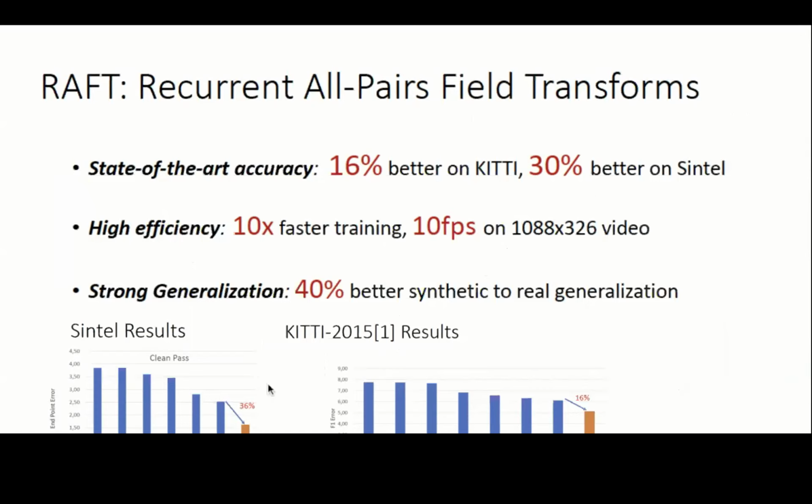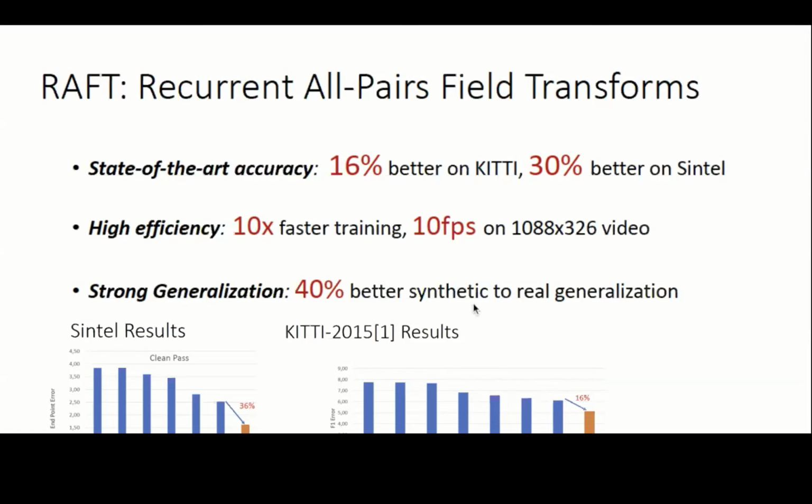This is a very remarkable achievement, especially given that previous methods tend to get saturated on these benchmarks. And some other features: RAFT is actually quite fast to train, faster than previous methods. And after it is trained on FlyingChairs and FlyingThings, it can generalize much better on the real KITTI dataset.